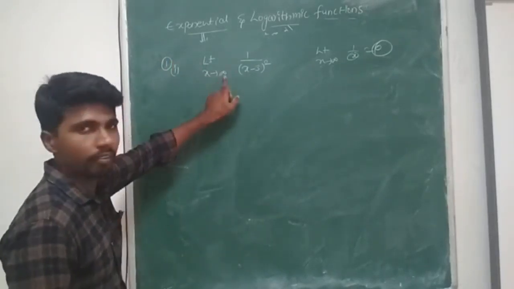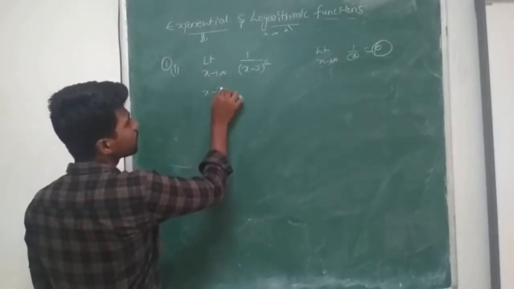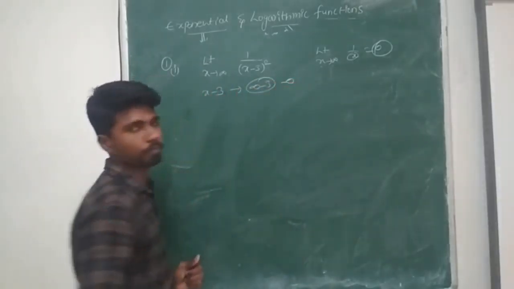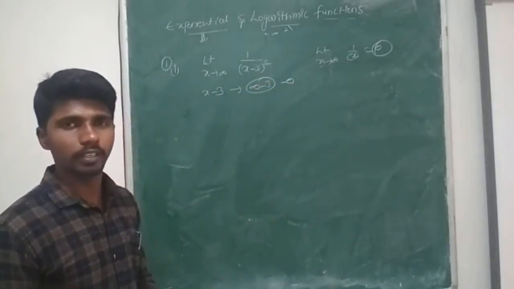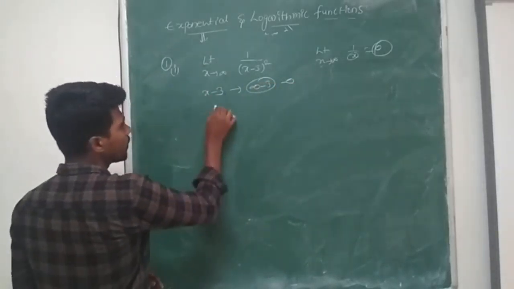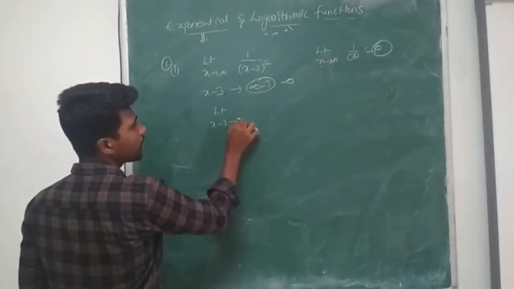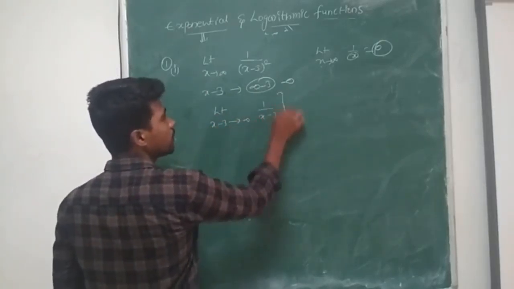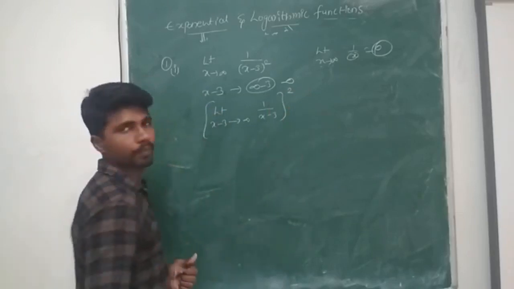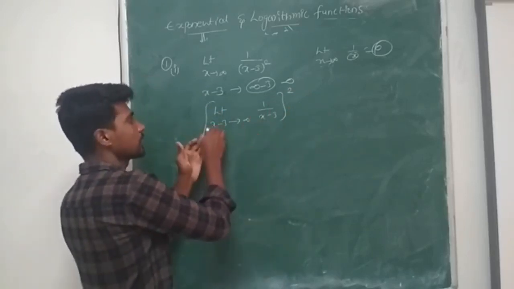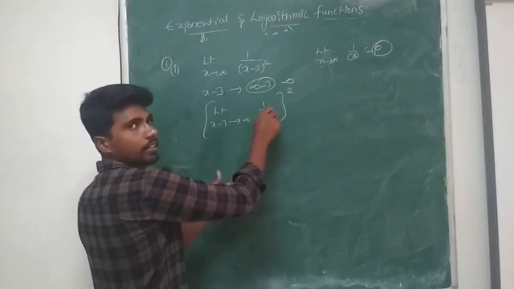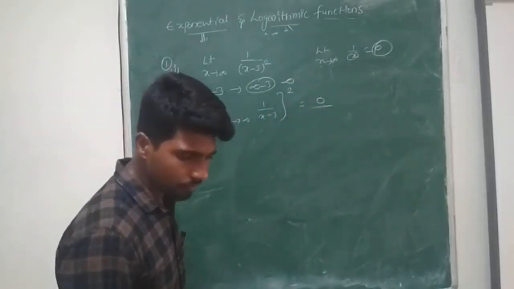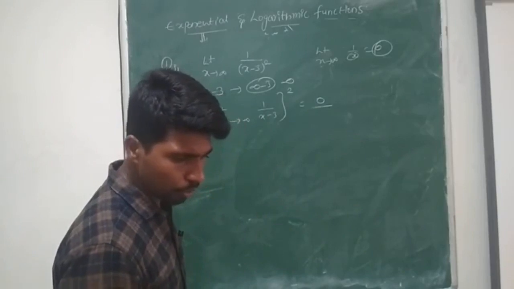As x tends to infinity, x minus 3 tends to infinity minus 3, which is nothing but infinity. So I can rewrite it as limit x minus 3 tending to infinity, 1 by x minus 3, which gives 0. 0 square is 0.